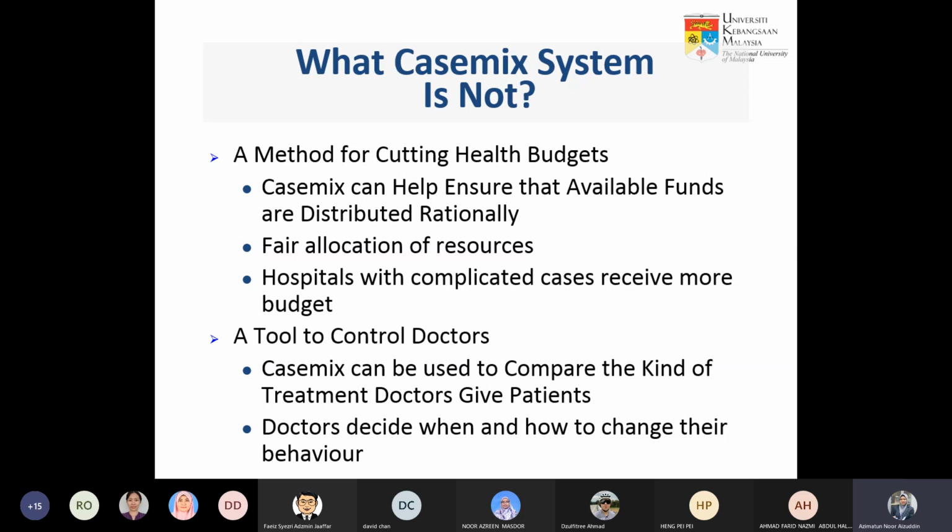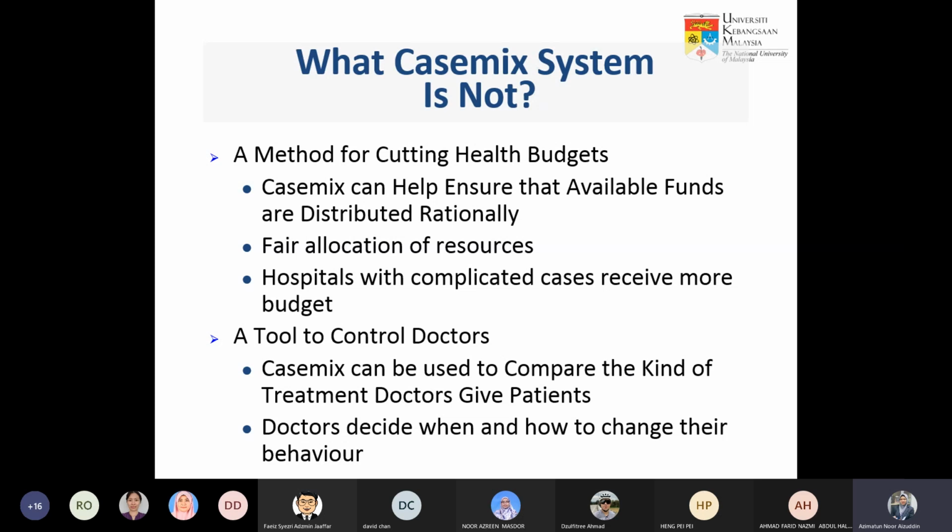Bila relate kepada money, sebab kalau di luar negara menggunakan provider payment mechanism, secara tak langsung doktor tu dia terpaksa endah dengan kesilapan dia, sebab dia akan ditolak, diinsentif ke dan sebagainya dengan performance dia yang tak bagus. Sekarang ni kita measure performance, tapi we don't actually use that for anything with the hospital budget, for anything for the hospital reimbursement.